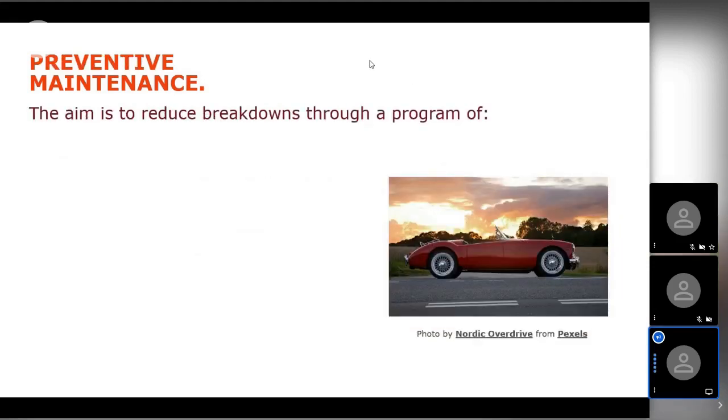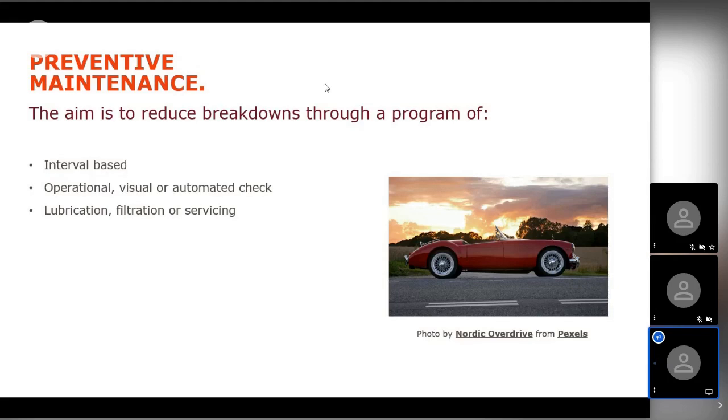Okay, so then the war came along, and we're going to try to prevent a failure coming in the first place. Reduce the number of breakdowns. We're going to choose intervals for the maintenance: daily, monthly, 6 monthly, yearly are the typical times. We're going to do some checks, operation checks, visual checks, basic lubrication, filtering, servicing, those kinds of things.